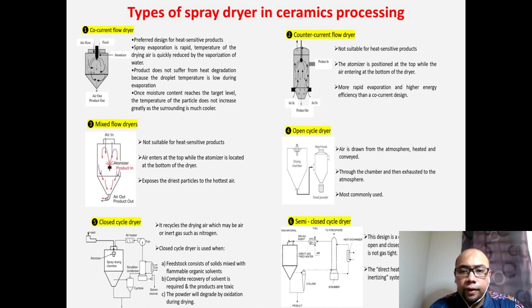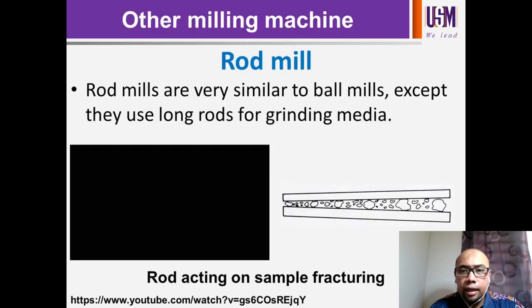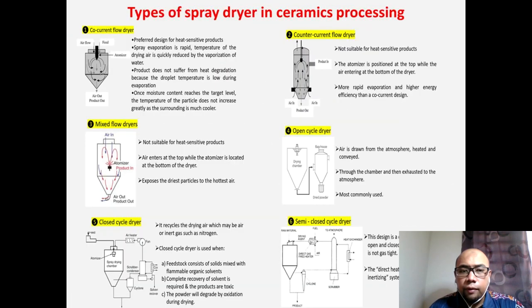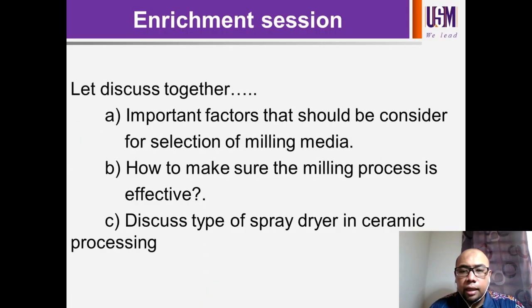Before I finish, let me recap the important points that we already highlighted. Number one is the important factors. Number two is how to make sure the milling process is effective or efficient. Number three is the types of spray dryer in ceramics processing.